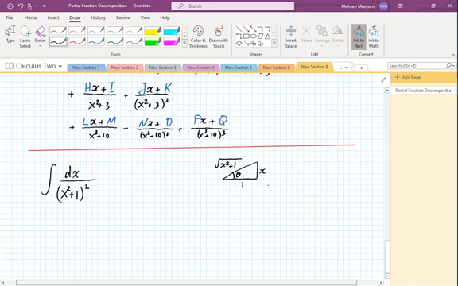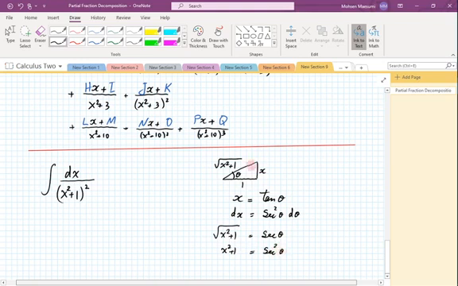So the idea here is to use a substitution. x is equal to tangent of theta, and of course that means dx is going to be secant squared of theta d theta, and the radical x squared plus 1, that's the hypotenuse. You notice that is just secant of theta. So x squared plus 1 of course is secant squared of theta.